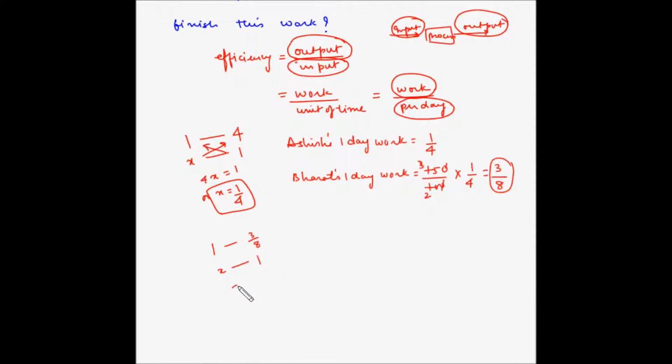So again cross multiplication. 3 by 8 times x is equal to 1 multiplied by 1, which is 1, or x is equal to 8 by 3. So Bharat can do the entire work in 8 by 3 days, or in other terms, 3 twos are 6, so 2 and then 2 carry over, so 2 by 3 days. So Bharat can do the work in 2 by 3 days.